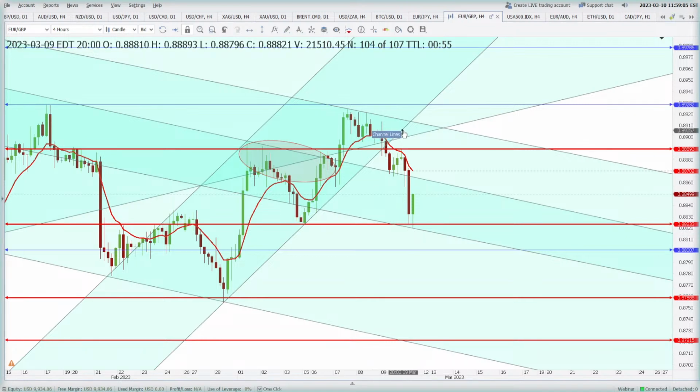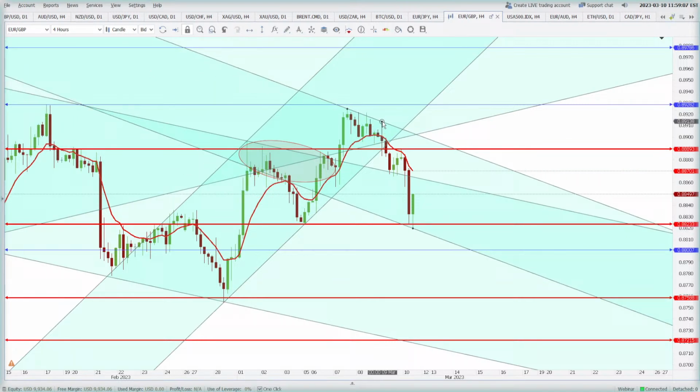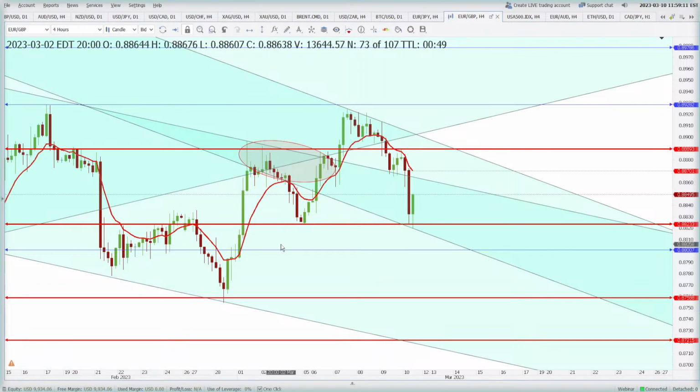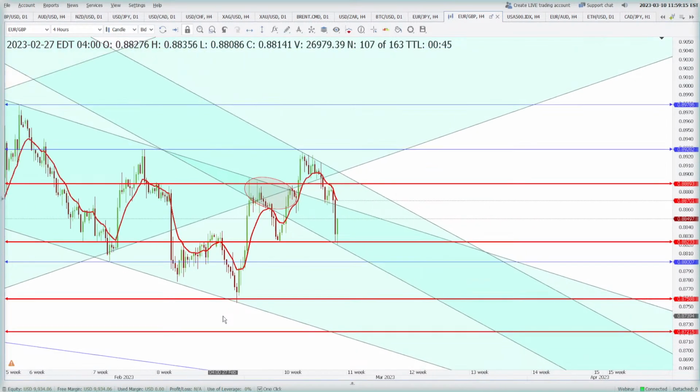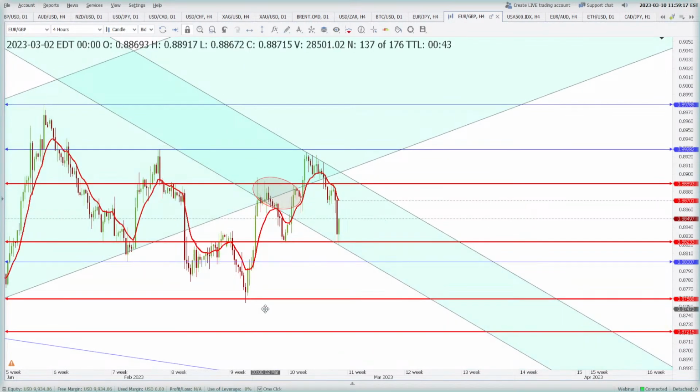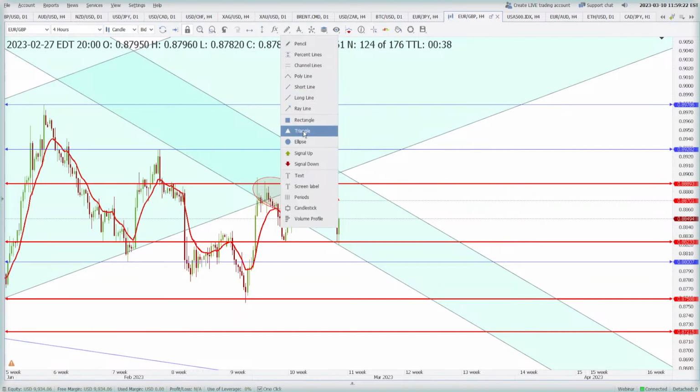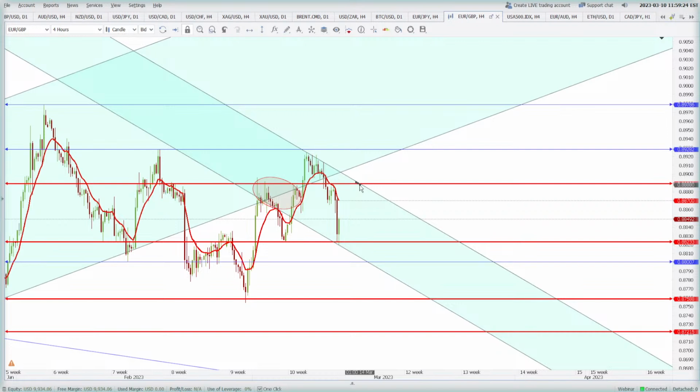If not this, then at least this one. I will remove this one so that we have clarity here. So this one is important, this one is not important. I'm removing this one also. So you see, I'm expecting the price to make a lower high. Don't you think that this will be a good area to go lower high?